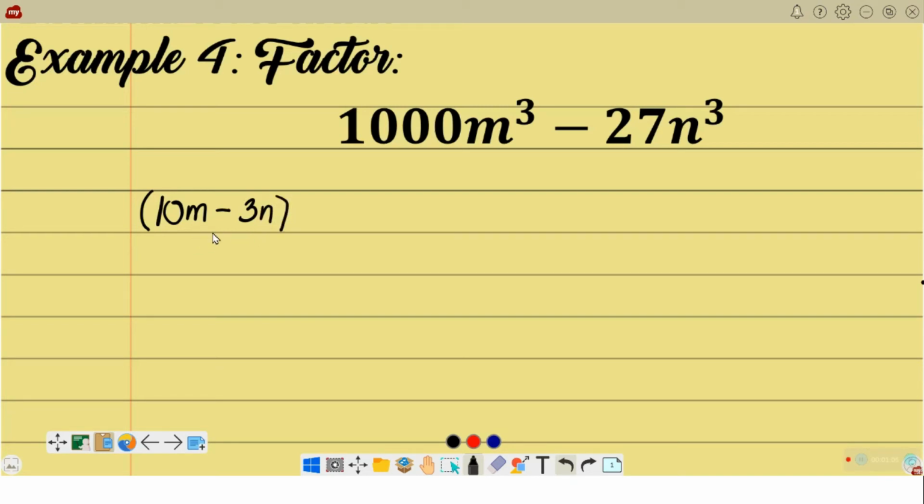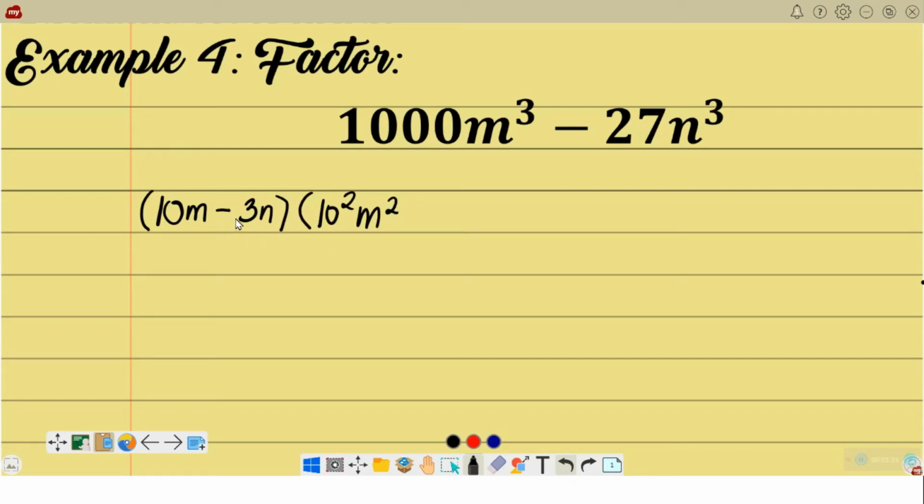Okay? So, this is now our first factor. So, from this first factor, we can get our second factor. Let's square our first cube root. So, 10 squared, m squared.